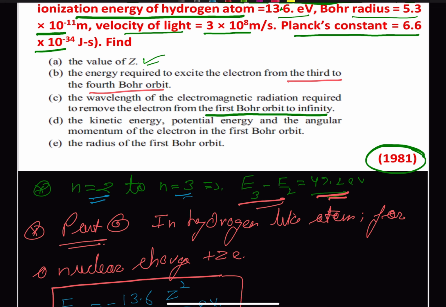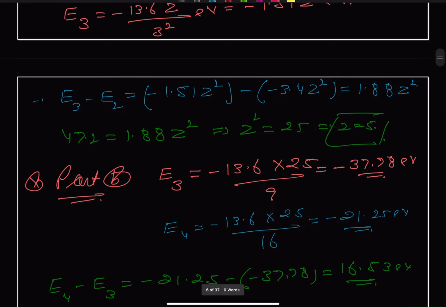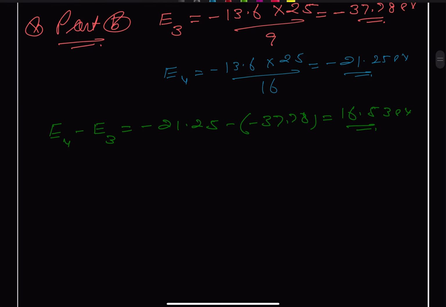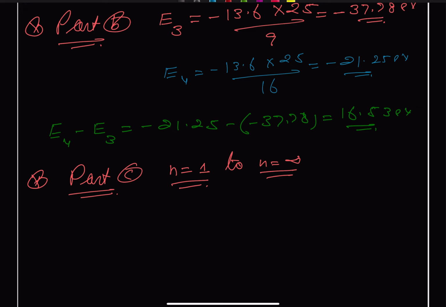We easily find E1, and for E infinity, the value of n is infinity, so it is automatically equal to 0. So we are only interested in E1. So in part C, n goes from 1 to infinity, and we can find the value of E1.